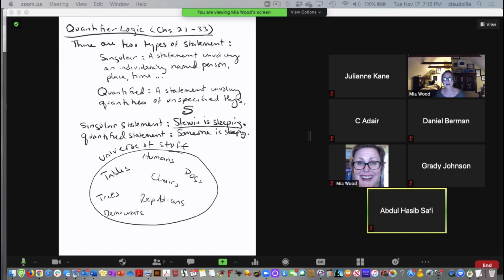But if we want to follow the predicate version of the singular statement, we will notate something like the following: capital S sleeping, and then lowercase s Stewie. Or we could take capital S sleeping and lowercase s for Stewie. In other words, how you notate it is really a matter of convention.